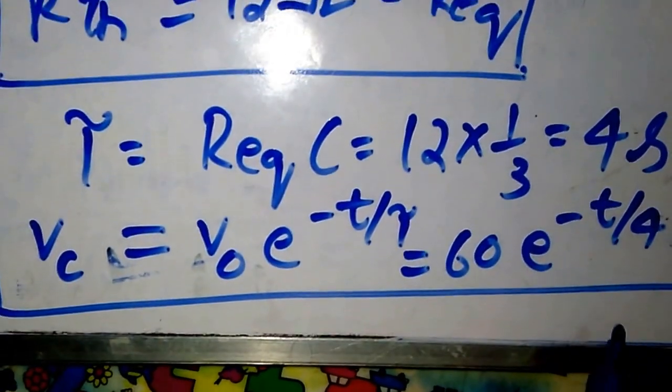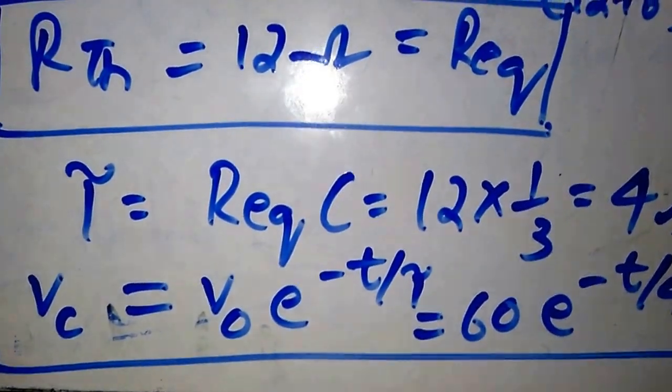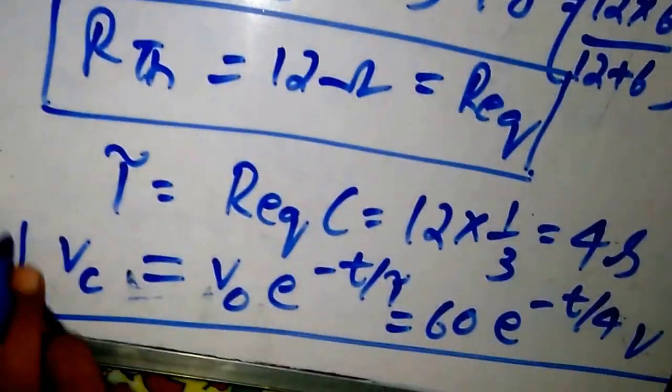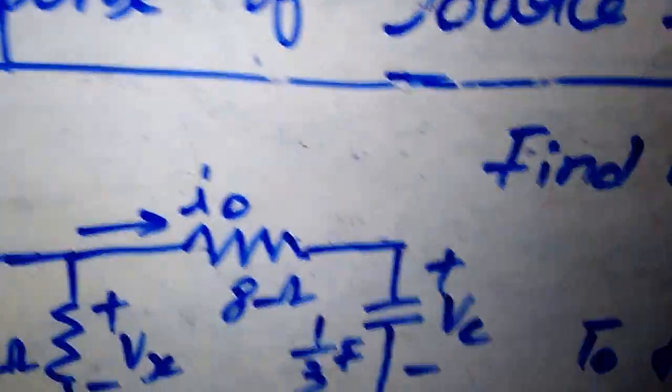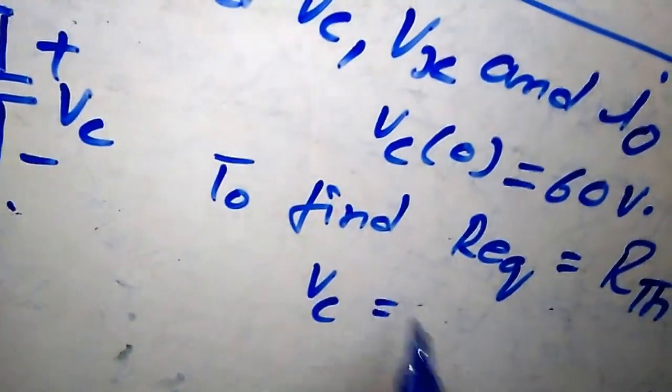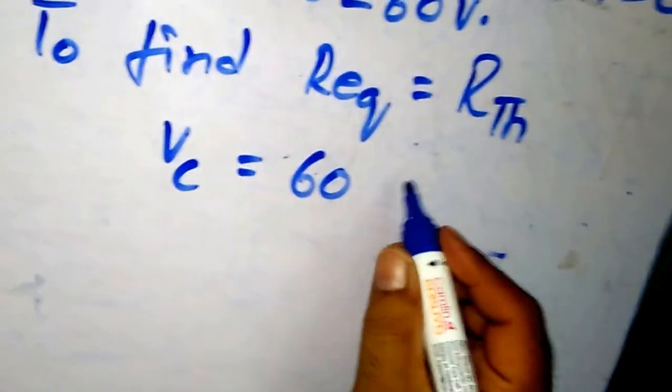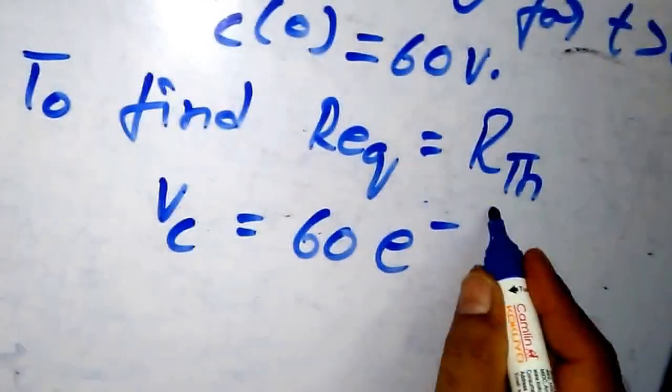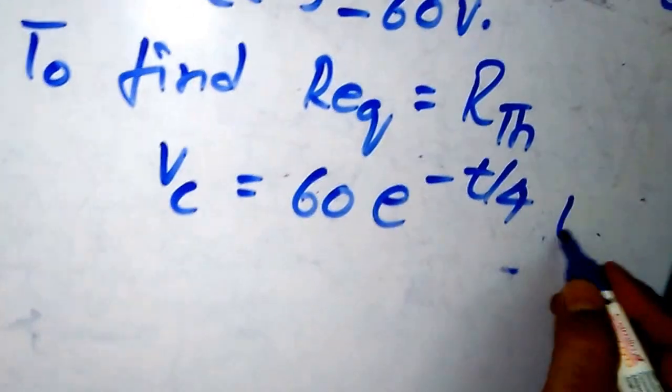Vc equal to 60 into e power minus t by 4 volts.